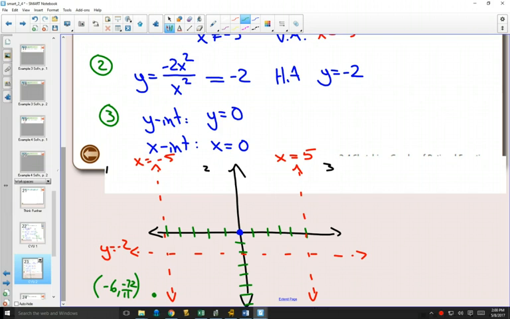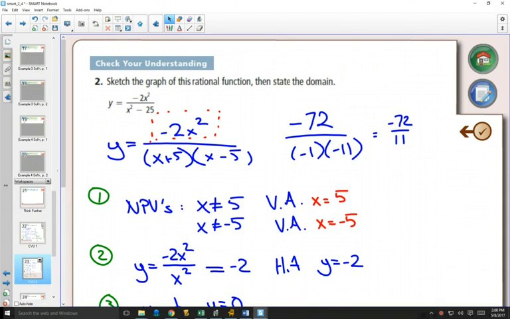Once I have that point, asymptotic behavior, this section will look like this. We will also have that same point with positive 6. How do I know that? Can you see if I look back at my original equation here, I just have x squareds.